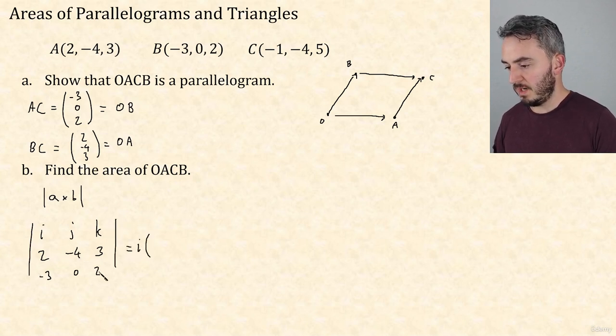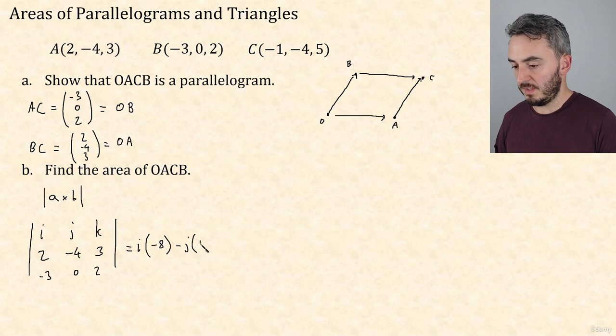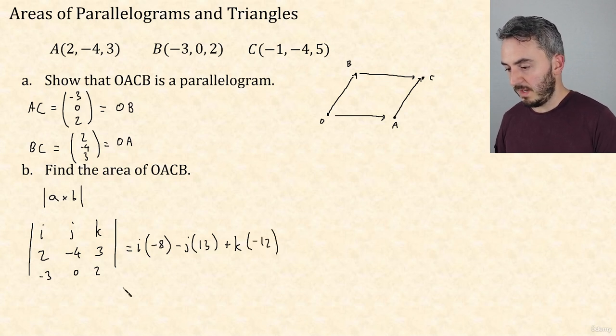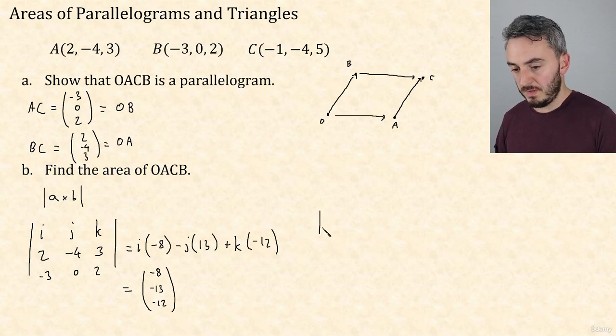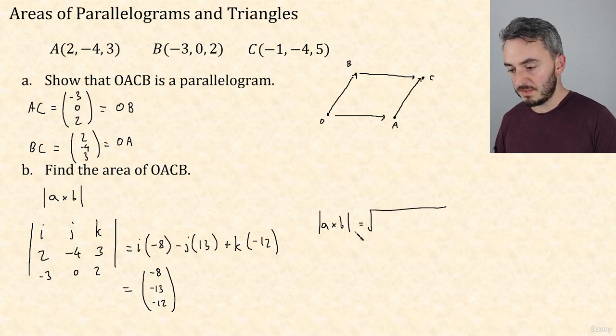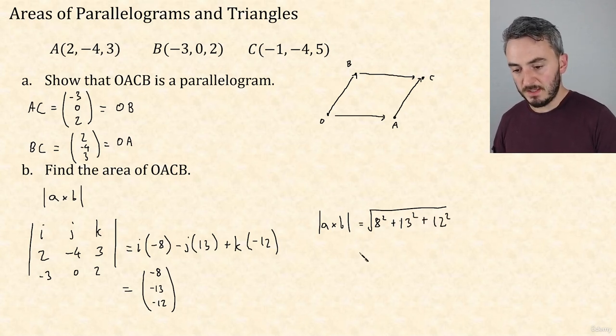So i times minus 8 minus 0, minus j times 4 plus 9, so 13, and then plus k times 0 minus 12. So we end up with minus 8, minus 13, minus 12. And so, not half, because it's the parallelogram, the modulus of that is the square root of 8 squared plus 13 squared plus 12 squared. And our exact answer there is root 377.